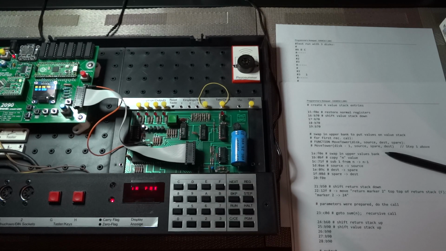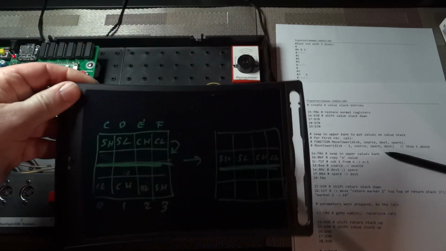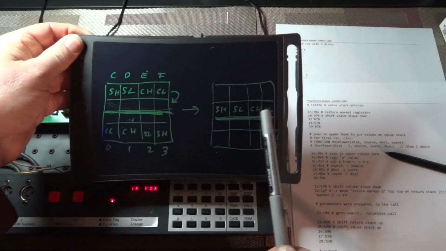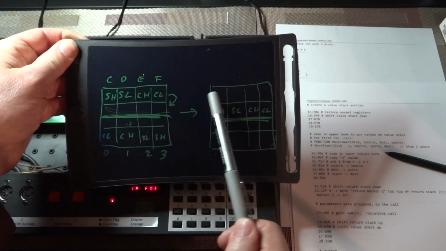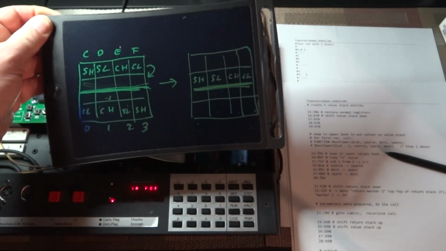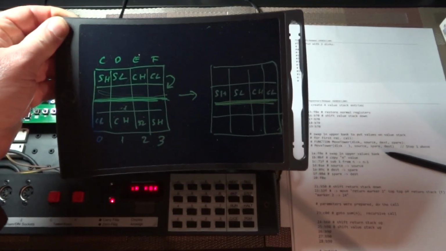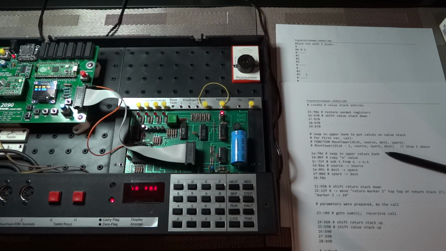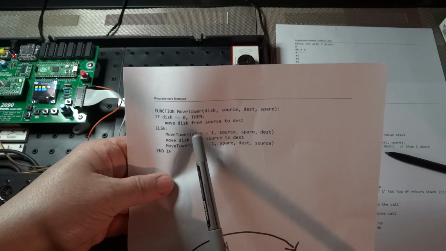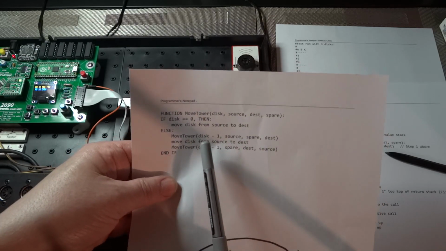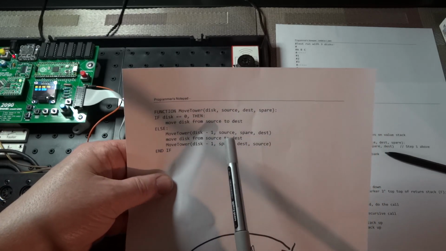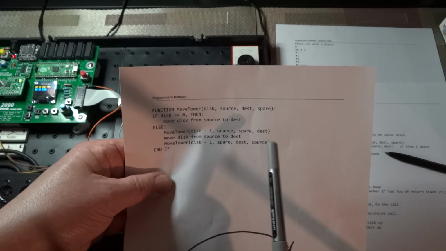So, all right, we now made a space on our value stack, right, by pushing basically the registers down. So we have this row available, registers C to F, and we now need to supply the right arguments to make the recursive call, right? And if you look at the first recursive call, of course, we need to supply disk -1, and then we need to shuffle basically the arguments a little bit around, right?